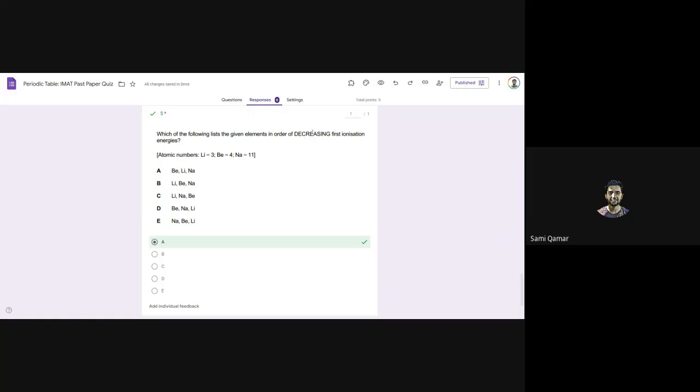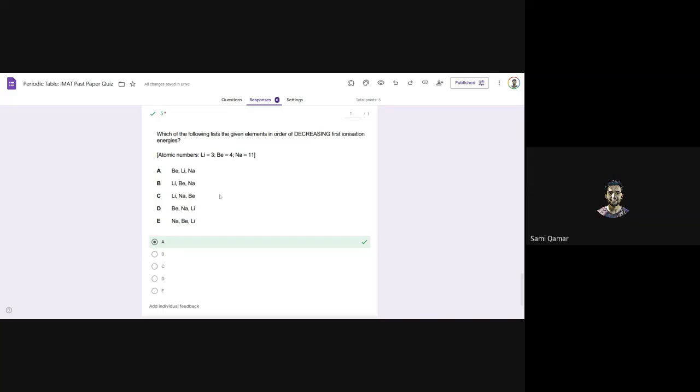Ionization energy increases from left to right in a period, and sodium is below lithium. So beryllium will have the maximum, then lithium, and then sodium, because sodium is a little below and has three shells. That's why it will have this order: first beryllium, then lithium, and then sodium.